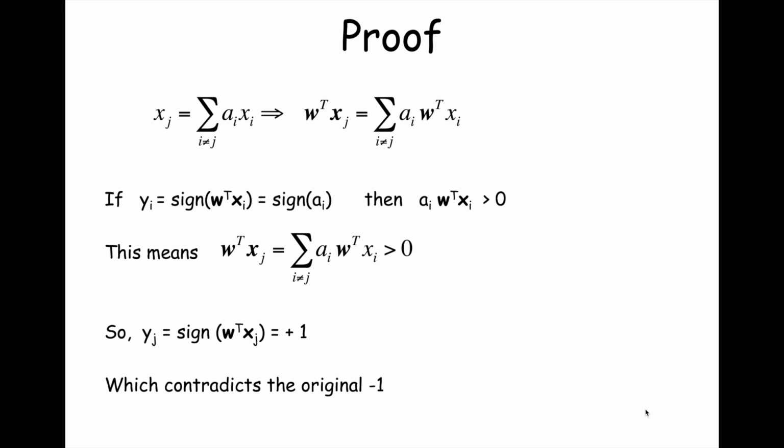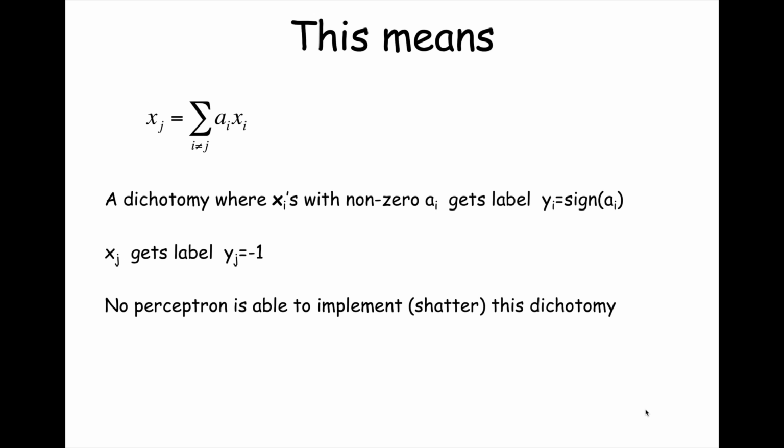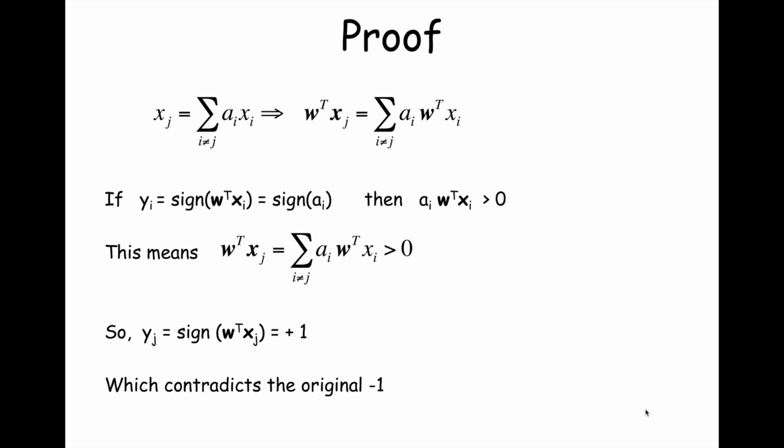If it's negative, w transpose xj should produce a negative value, and that will correspond to the label of xj if it's a -1, right? We just got done saying that xj's label for this dichotomy, we're going to fix to -1. And so if the hypothesis can shatter that data set with d plus 2 data points, we should be able to find a hypothesis such that w transpose xj is a negative quantity, okay?